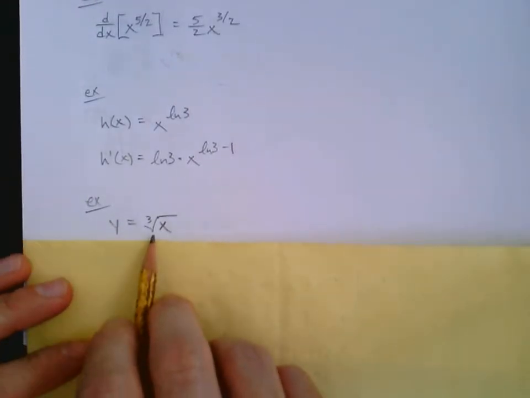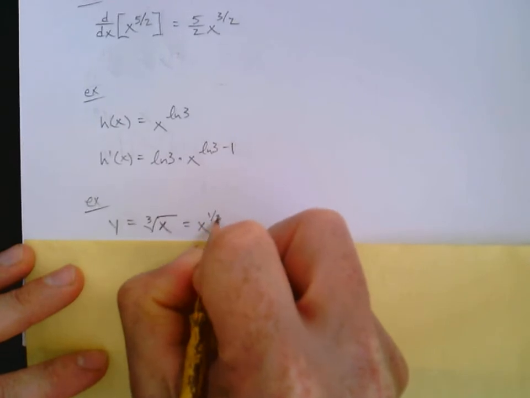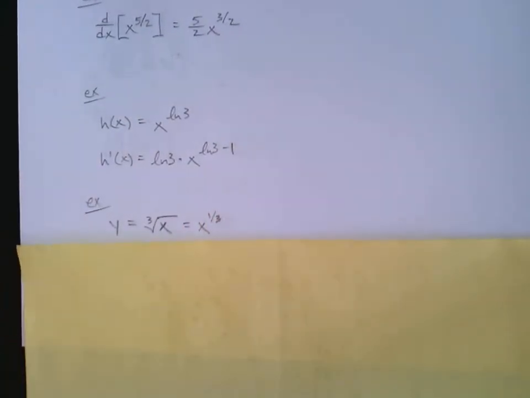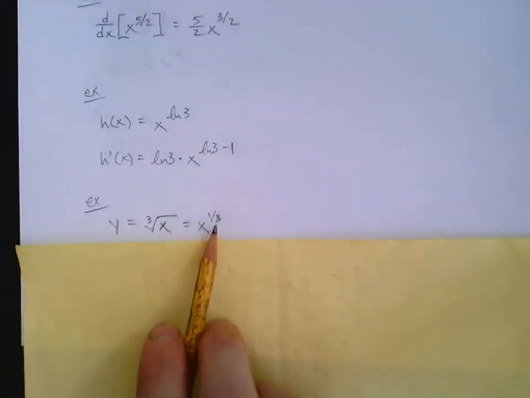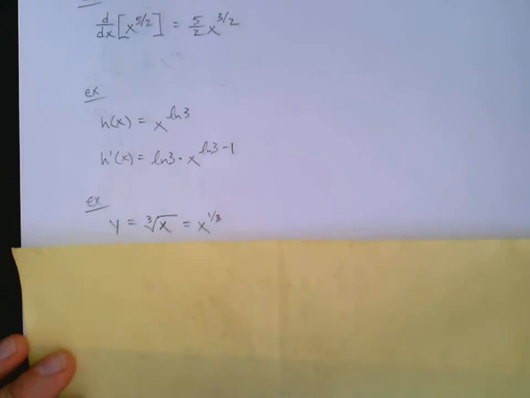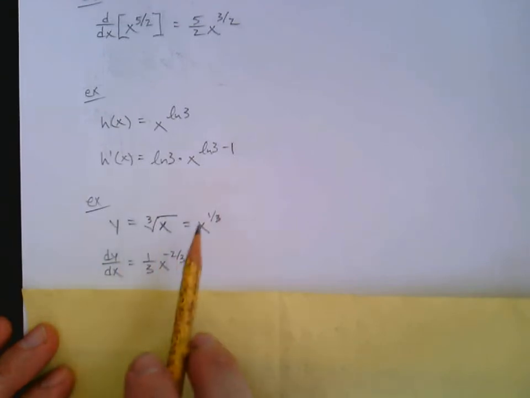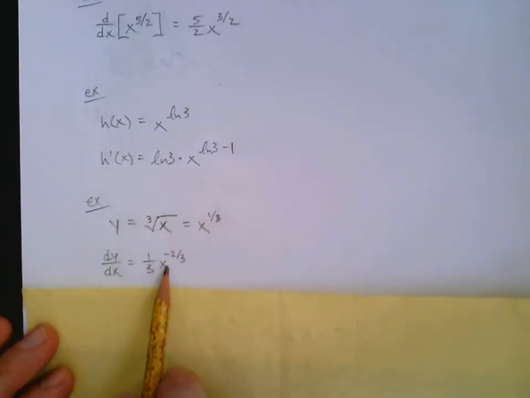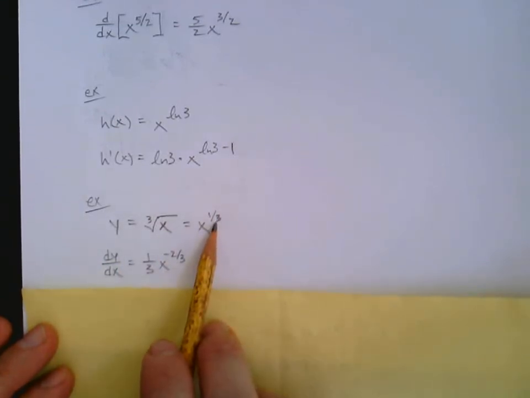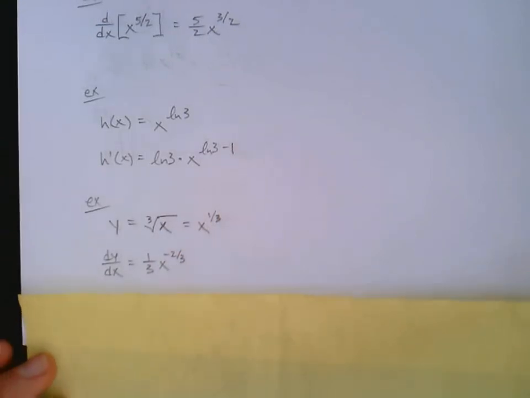So think of this as x raised to the 1/3. And then you can apply the power rule. The 1/3 will move down. We'll subtract 1. I'm going to call it dy over dx for the derivative. The 1/3 moves down in front, x, and if you subtract 1, you're subtracting 3 over 3, x raised to the negative 2/3. There it is.